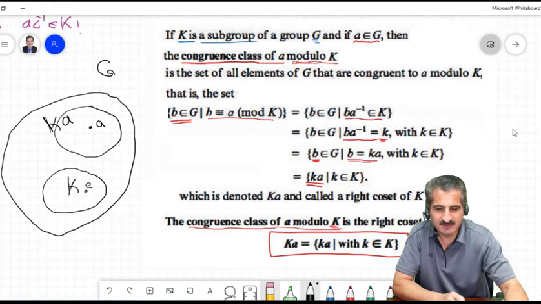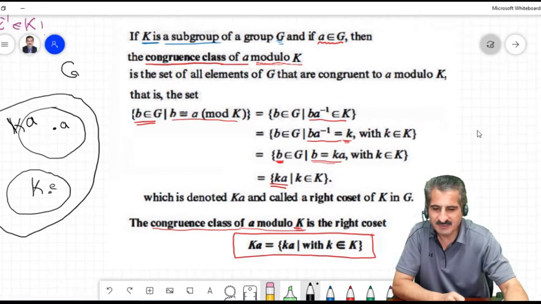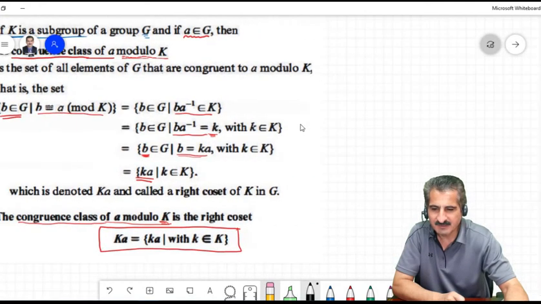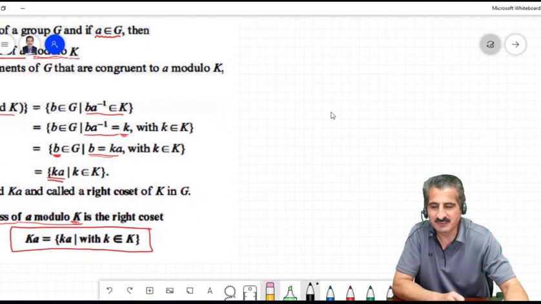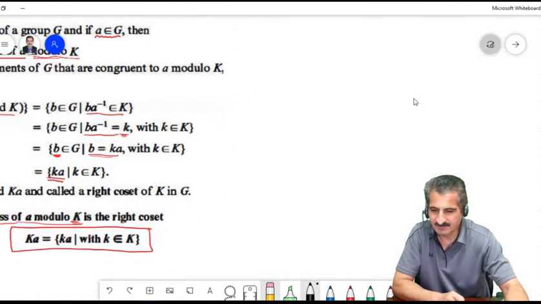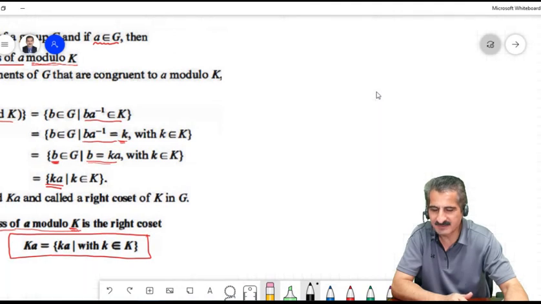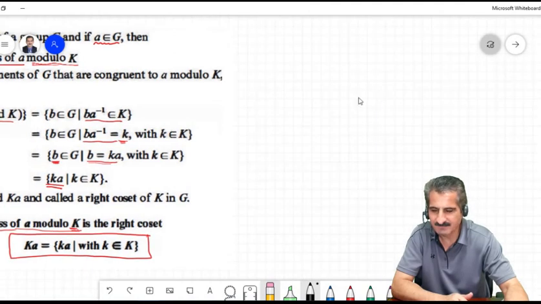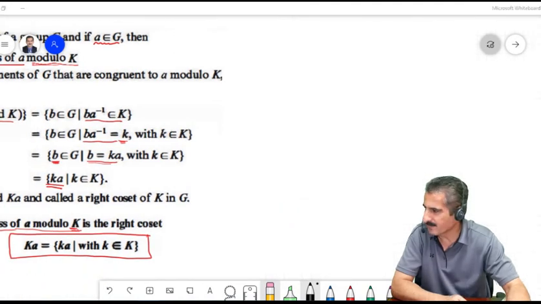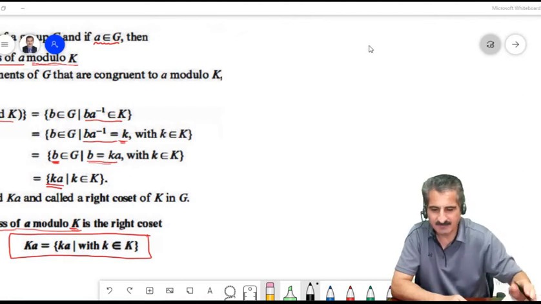Let us go back to see what the congruence classes are inside Z. An example in here.